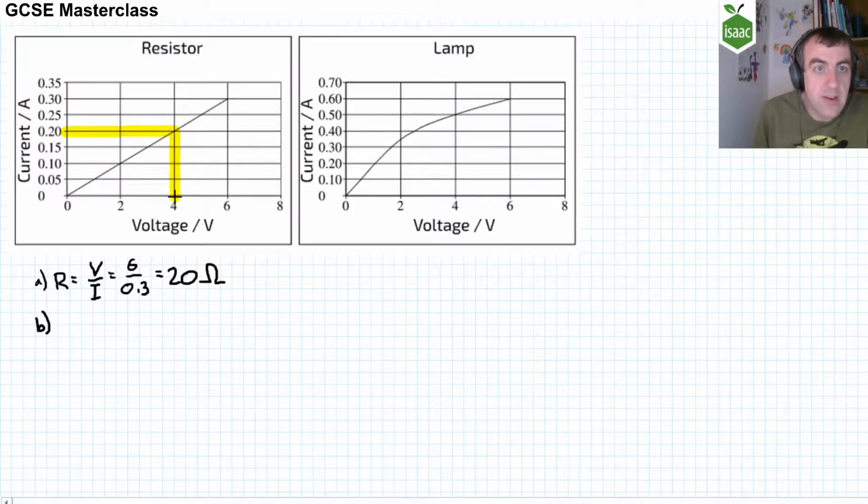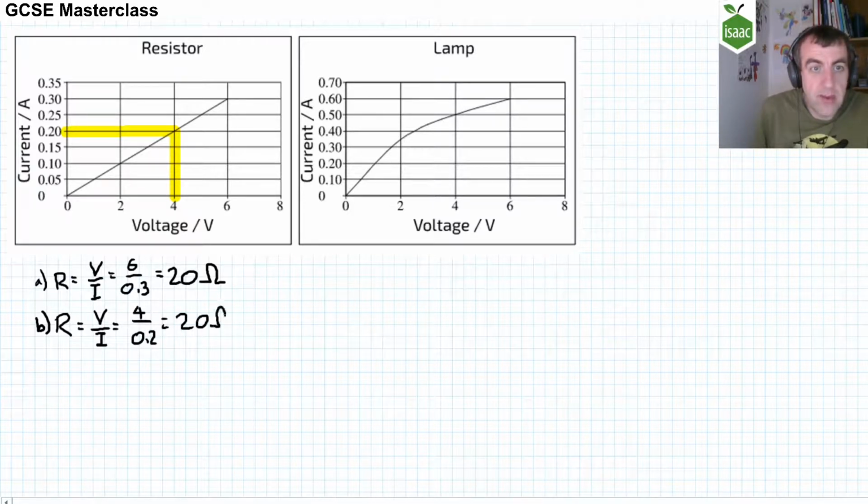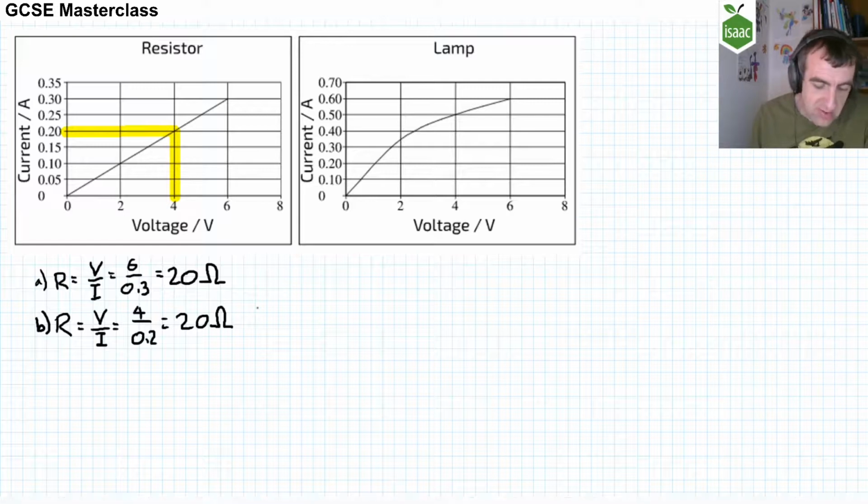And we get 4 volts. Now, hopefully you see this is going to be a little bit of a pointless step, but I'll do it anyway. So 4 volts divided by 0.2, and my word, look at that. It's the same thing. Well, it should be. It's an ohmic conductor. That's what a fixed resistor is. So I'm quite reassured that it's the same number. It's supposed to be.